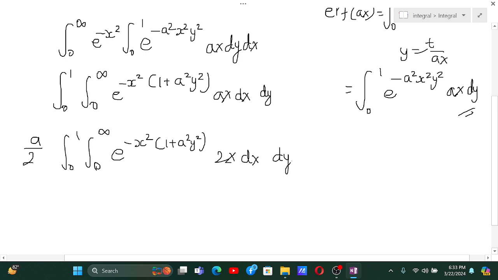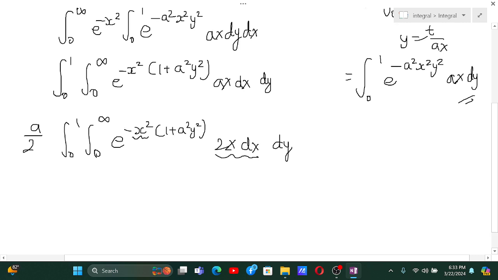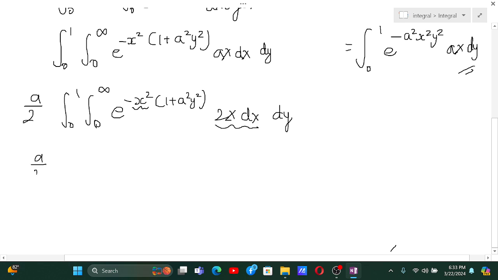The reason I do this is basically if x square be g, 2x dx is just dg. So we just have e to the power g times some constants, and that's easily integrable. A by 2 integral from 0 to 1, this is just e to the power minus x square 1 plus a square y square by this constant.